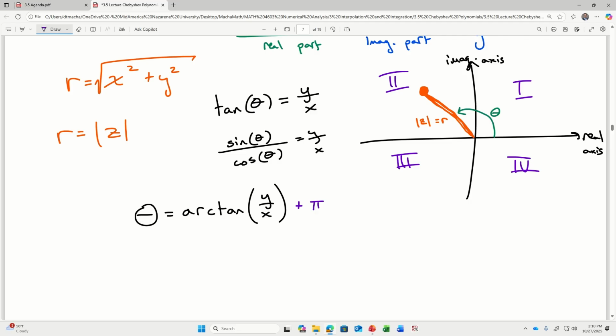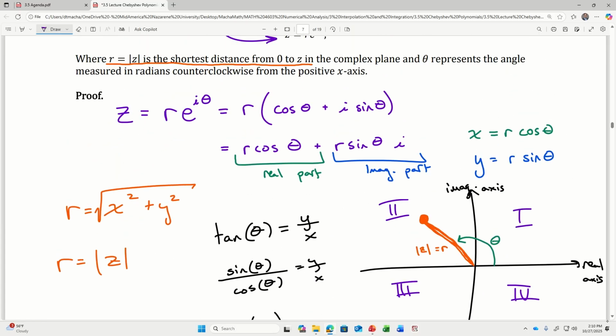Because that will move you from the first quadrant to the third or the fourth quadrant to the second. So this plus pi is if z is in the second or third quadrant. Okay, but that's how you convert between the two.